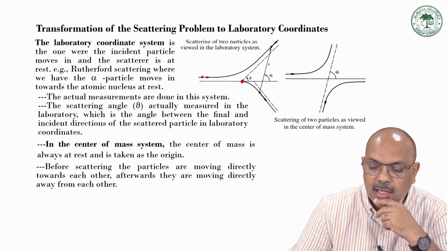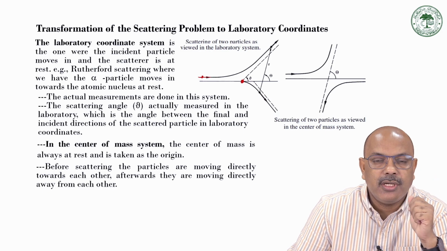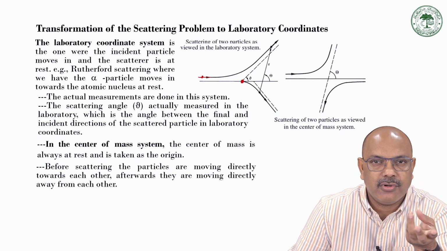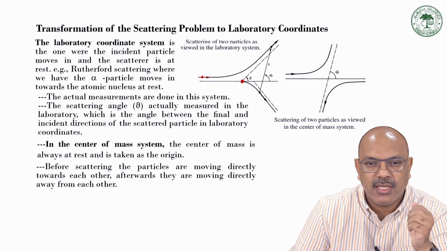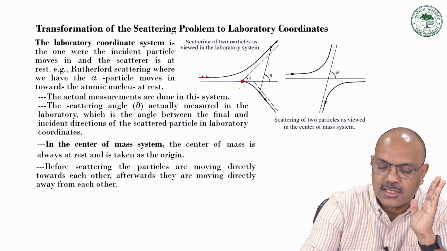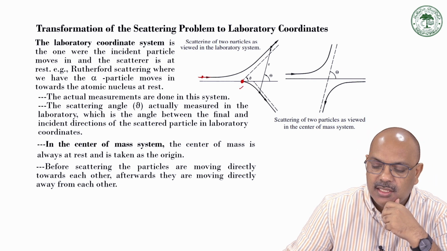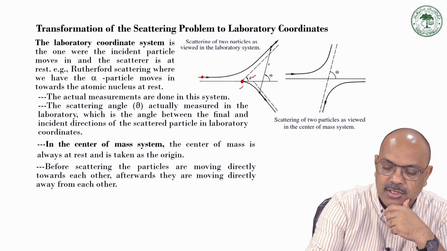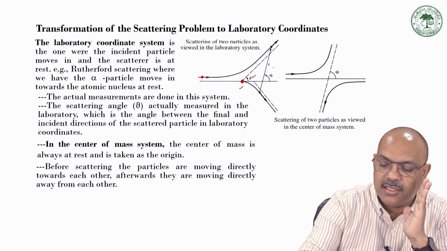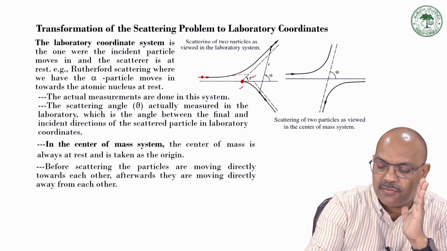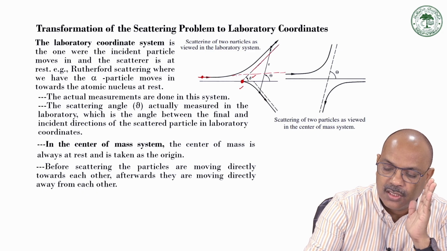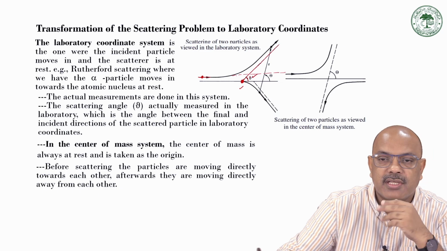Okay, so that is in the laboratory coordinate system, where the target is at rest. Like in Rutherford scattering, the alpha particle is moving and the nucleus is at rest. Theta is the scattering angle: the alpha particle is coming towards the stationary target, and then it deviates from its original path. If you draw an asymptote along this, then this angle is your scattering angle.